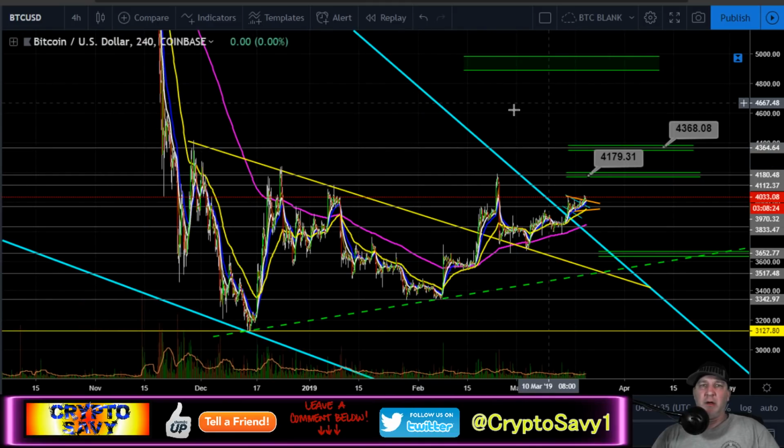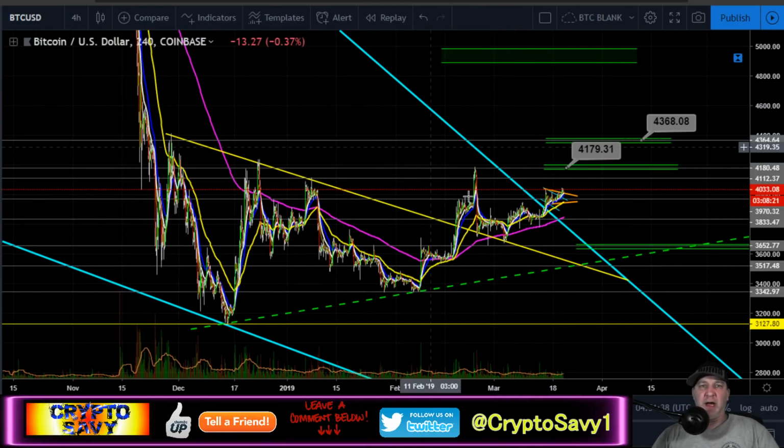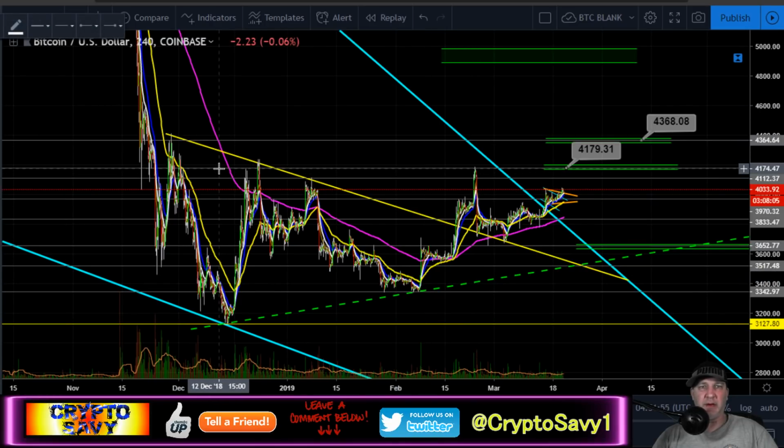Now there's also a higher target, and that would be looking at this. If you look at this as the neckline right around the 4180 range, and it measures as an Adam and Eve, we would do a measured move off the Adam here, the neckline.